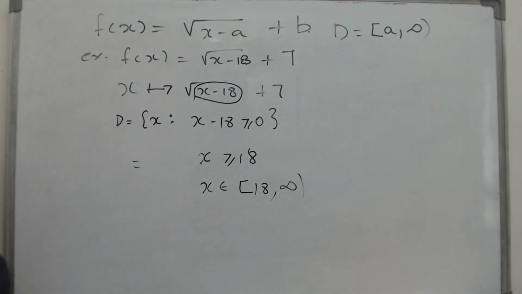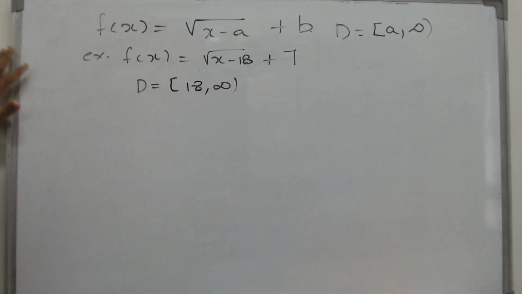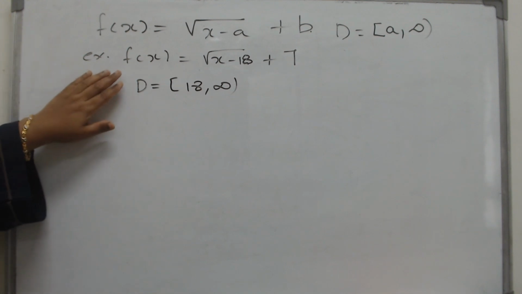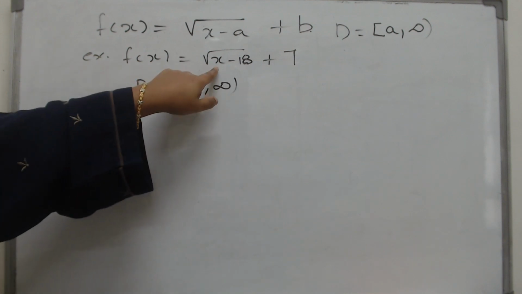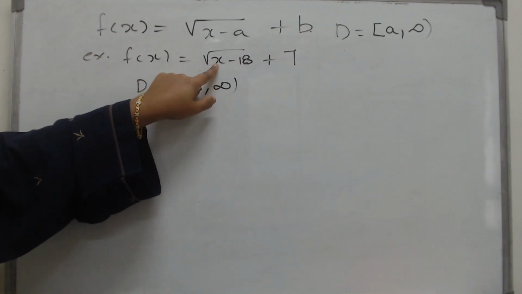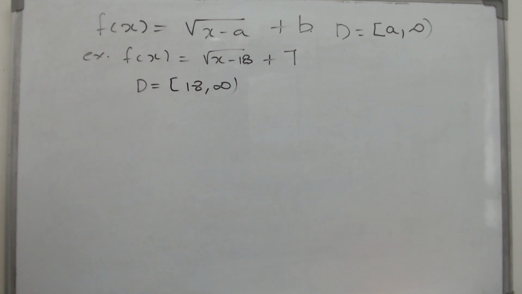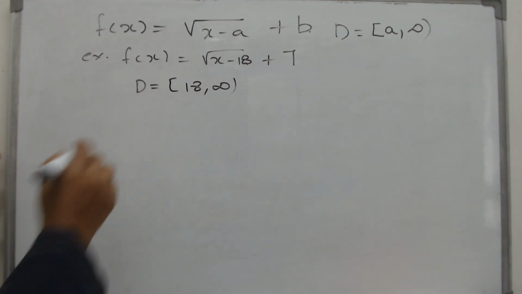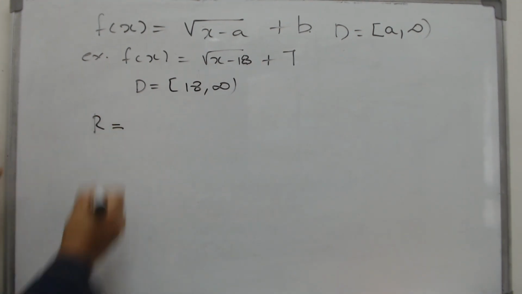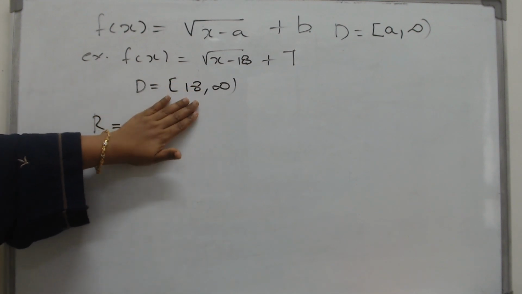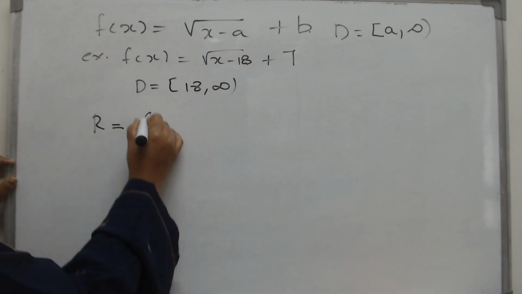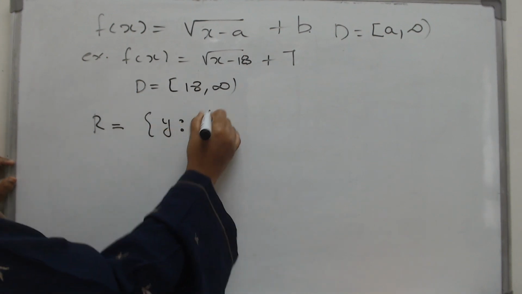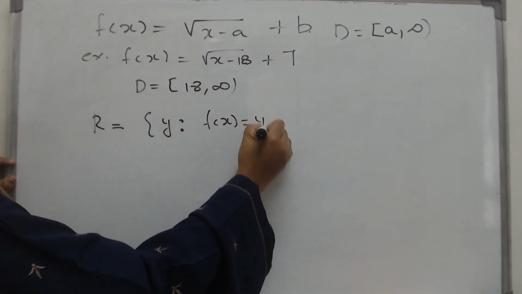And what about the range? You remember what I told you? Your range has to depend on your domain. You do not have to worry about say 17 or 0 or 1. You do not have to worry about those numbers. Your range needs to worry only about what is in the domain. Or in other words, your range is only those y for which you can find a pre-image x.